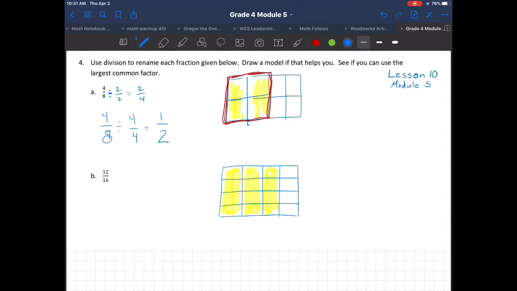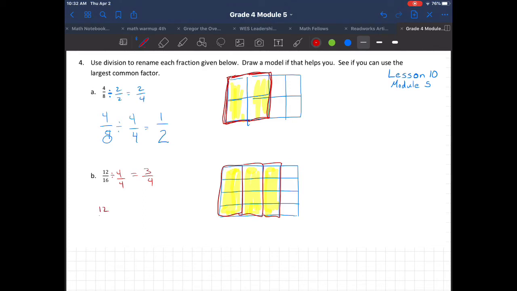Let's go to 12/16. I drew a picture here, and you can see that the simplest thing we can do here is make it be 3/4. So what do I divide to make it 3/4? I could divide them both by 4.